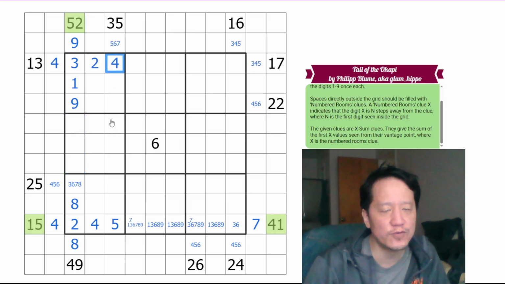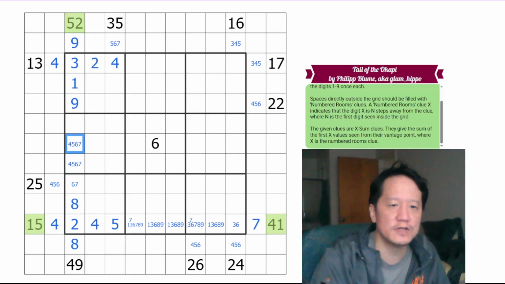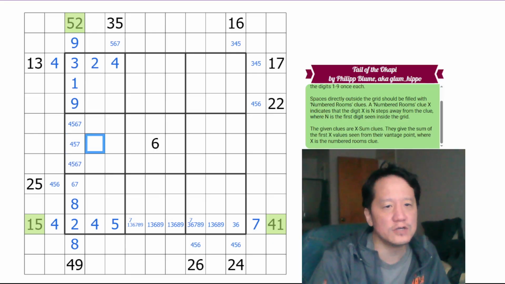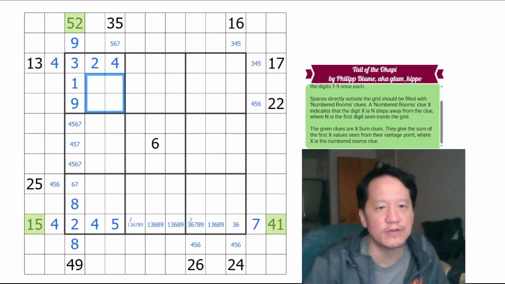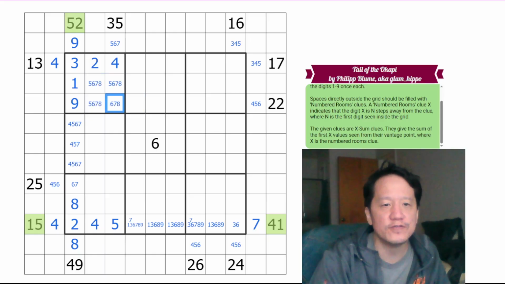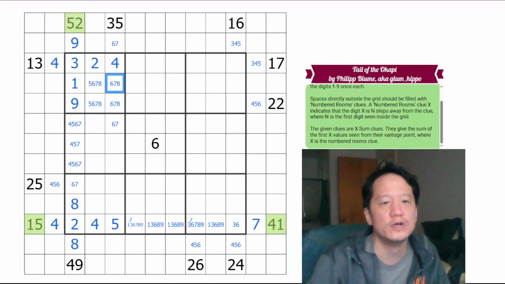Whatever digit is 4 is here. Again, this would not be 3 or 8. We'd have 4, 5, 6, 7 here. This looks kosher right now. Remaining digits in box 1 are 5, 6, 7, 8. No 5 here. This cannot be 5, 4 away, so this is 6 or 7. Ooh, that's interesting.